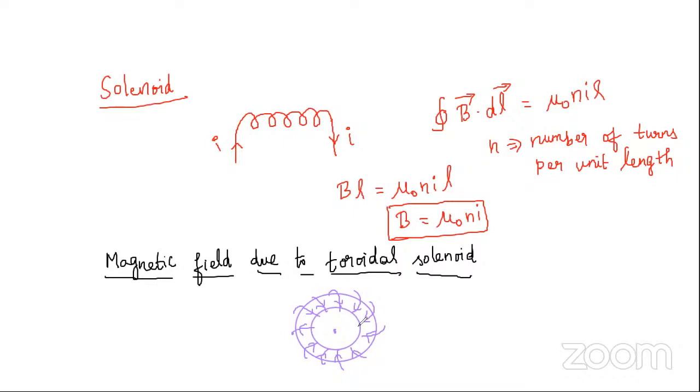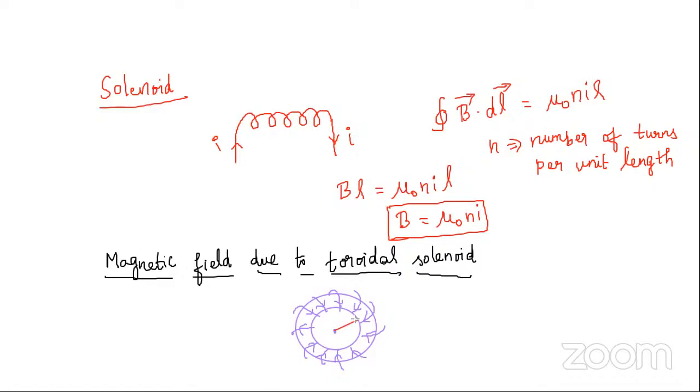This is how you need to understand the concept of toroid. We will be writing the expressions for the magnetic field. Before that, we should know the radii.